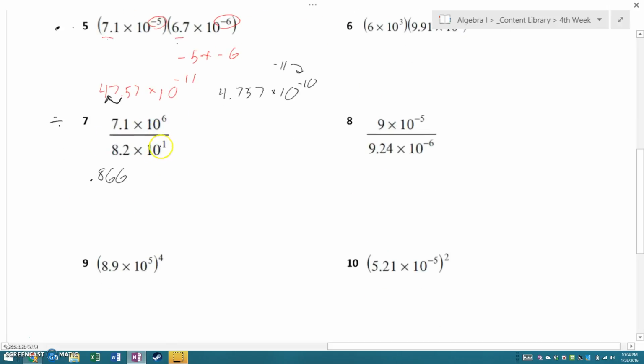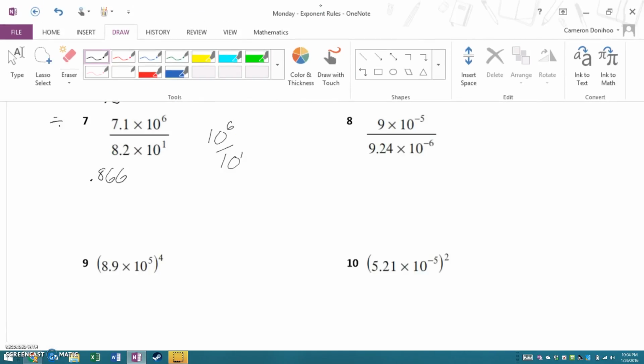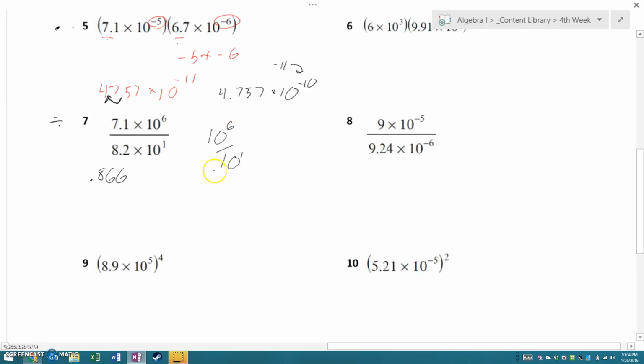Now the exponents are different, and again, we talked about this in class yesterday with our exponent rules. Whenever I'm dividing these, I'm really going to subtract these exponents. So thinking it out like this, you have 6 tens on top of this fraction, you have 1 on the bottom. I can simplify one of them out and eliminate this one here on the bottom.